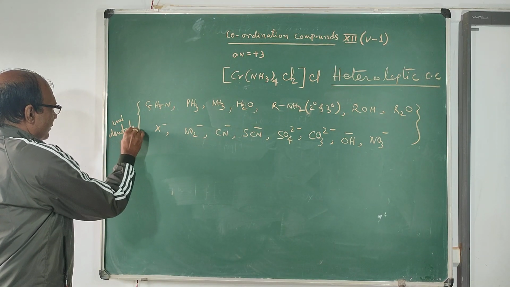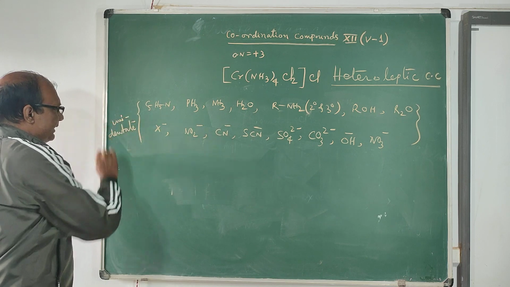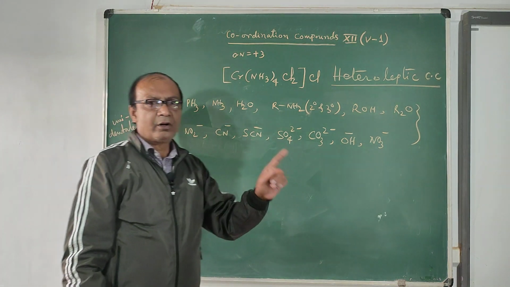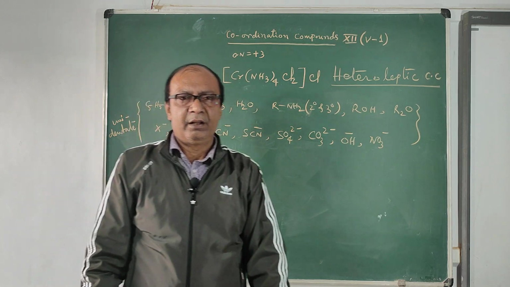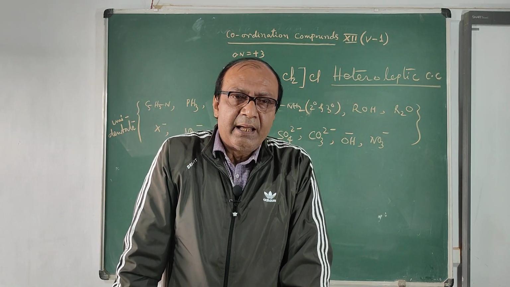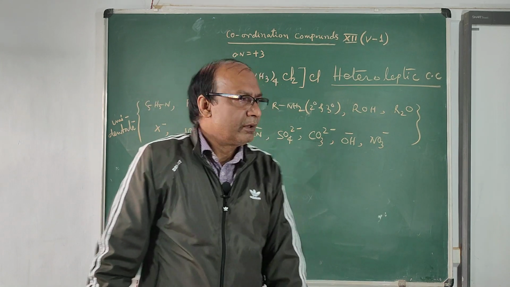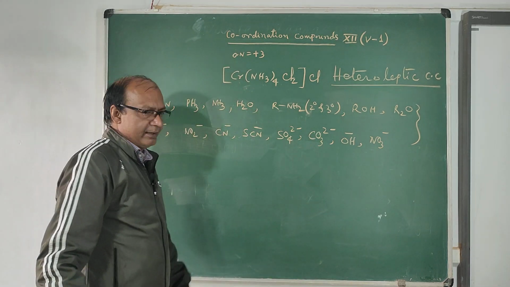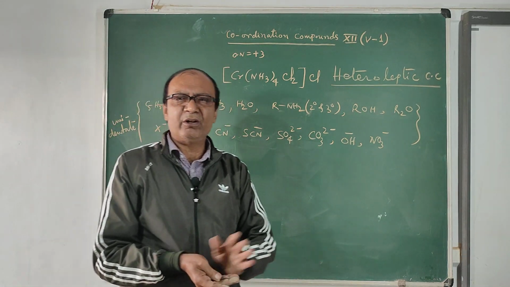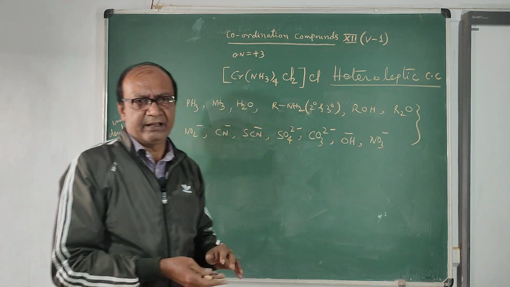What does it mean? It means they can form only one coordinate bond with the central metal atom or ion. These are unidentate ligands, and the number of unidentate ligands is many. You will get more examples there.